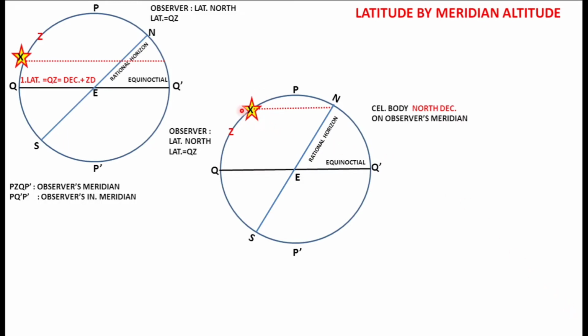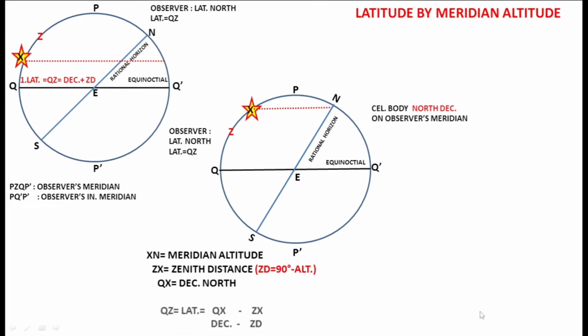Now, if I know my altitude, that is XN, then XZ becomes my zenith distance, QX is my declination, and declination minus zenith distance would give me QZ, that's my latitude.